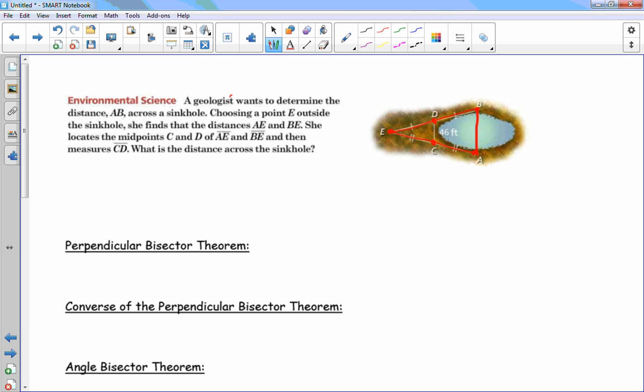Okay? Then she measures CD. How long does she find CD to be? 46 feet. So, please figure out for me how long across the sinkhole is it going to be. How do we get 92? Add 2 46s or times the 2.